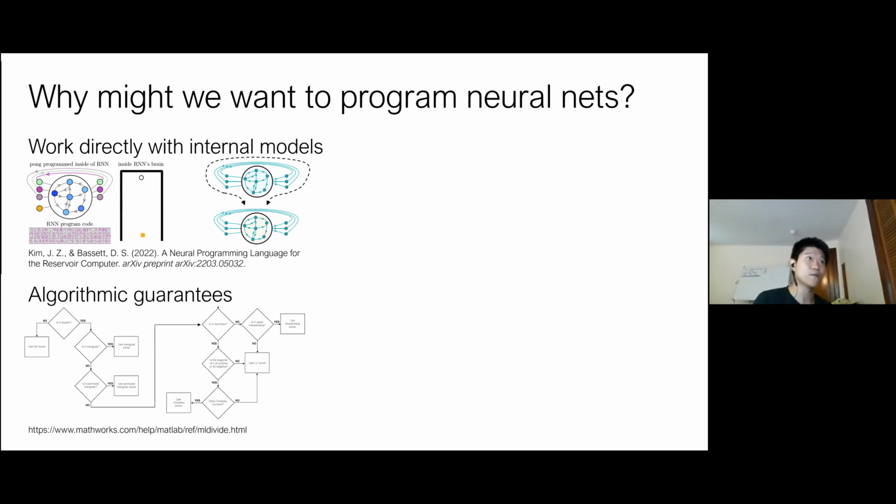Another reason might be algorithmic guarantees, right? We might have neural networks that do well on the training data and maybe even on our test set, but it'd be really nice to be able to clearly define the boundaries of when this model will work and when it won't.